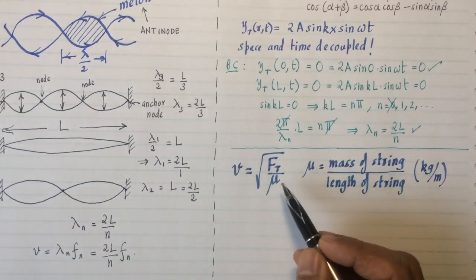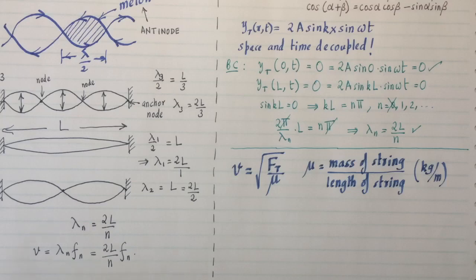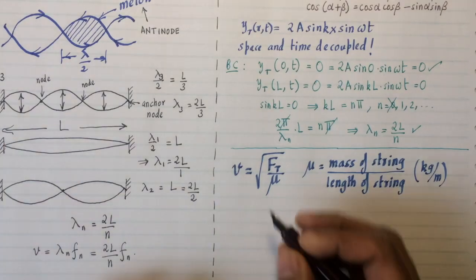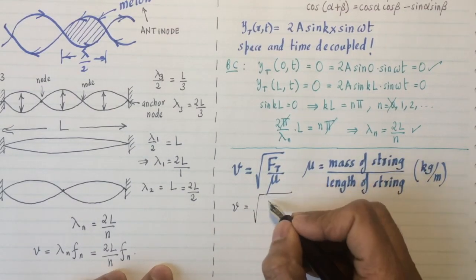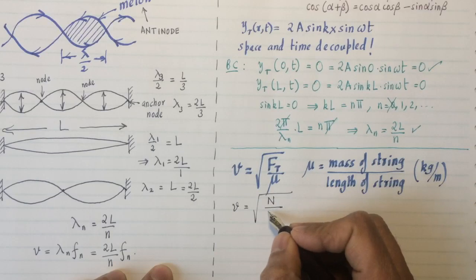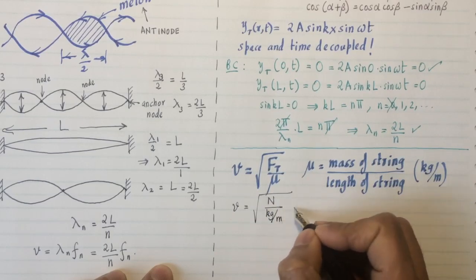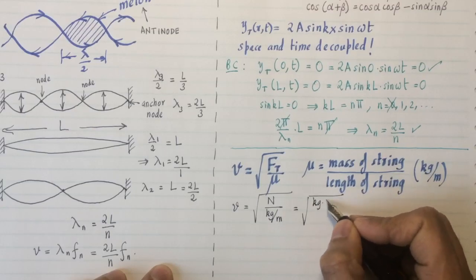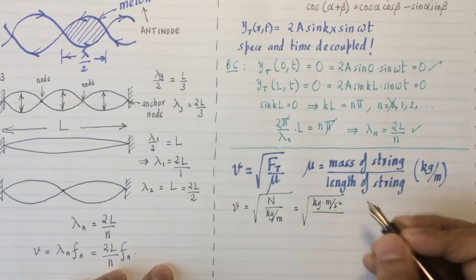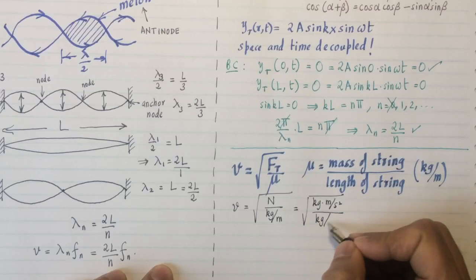Actually, let's see why unit-wise this formula makes sense. So let me find the units underneath this formula. Well, force is measured in newtons, and mu is measured in kg over meters. Newtons, by F equals ma, is kg meters per second squared, and this is kg over meter.